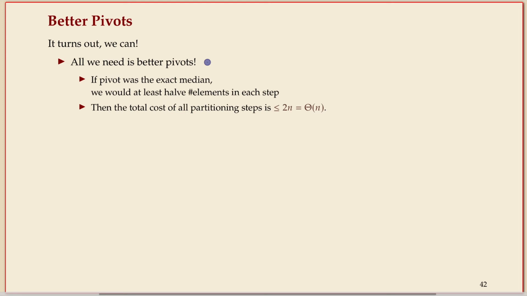So far, so obvious. For example, if the pivot we got was the exact median all the time, we'd be fine because we would cut the remaining number of elements in half in each step, at least. Maybe we're even lucky and get the element we're looking for earlier. But we definitely get rid of half the elements each time.